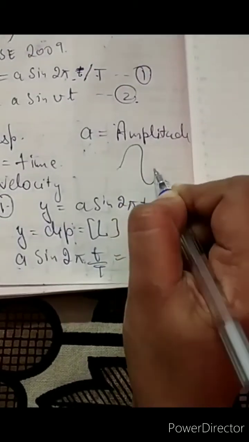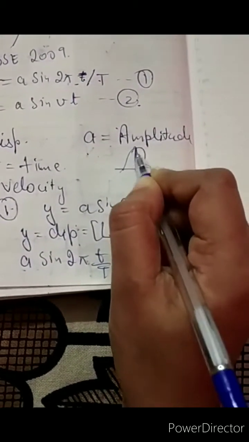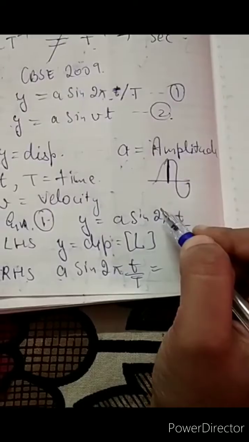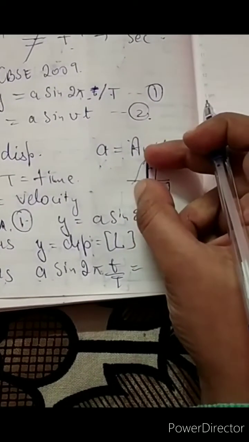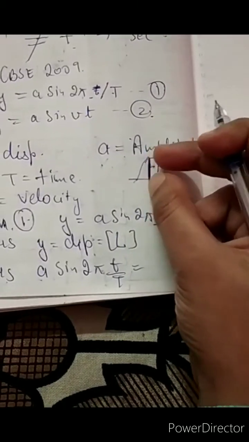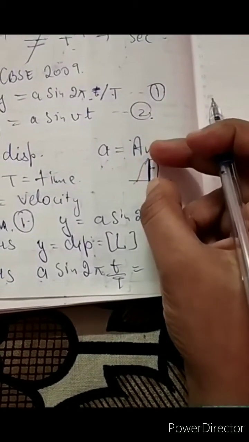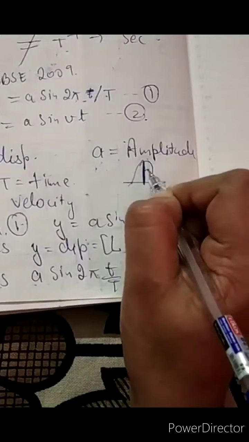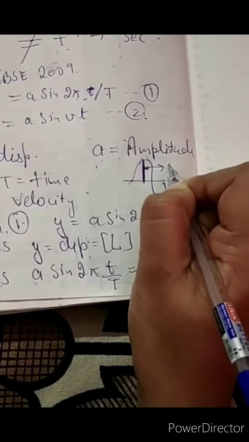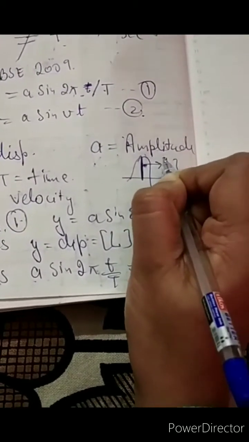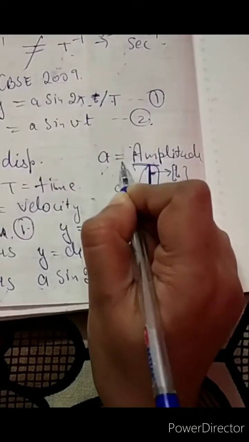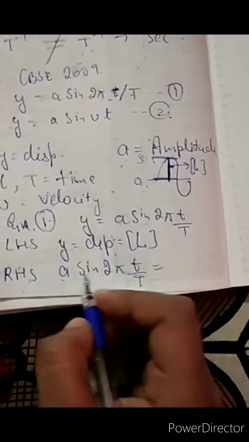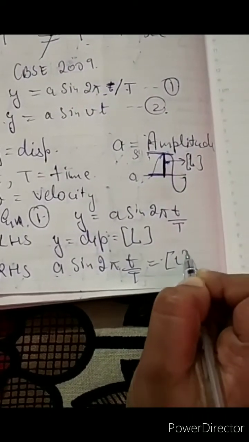Amplitude means this much length. Is this 5 meter, 4 meter? How much it is in terms of meter, right? So this is your meters, means length. You subtract 0 and 5, so 5 meter length. So amplitude will be L.